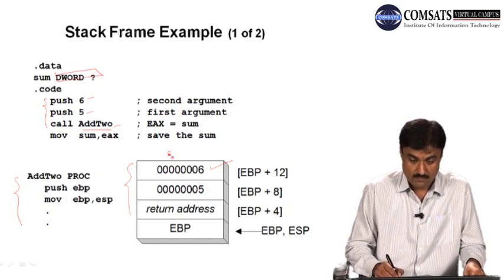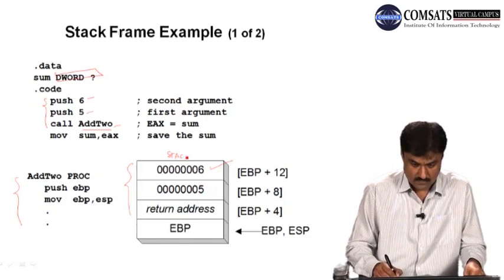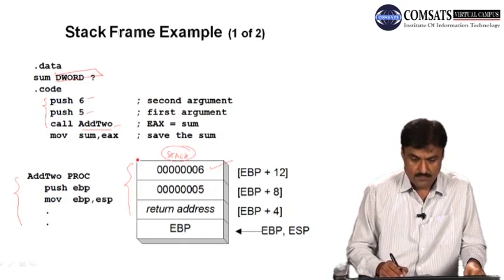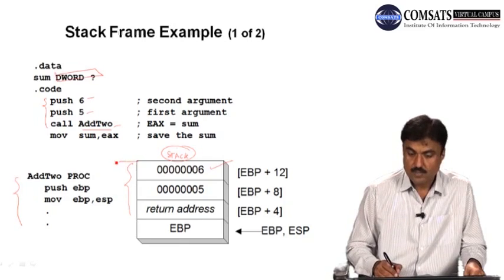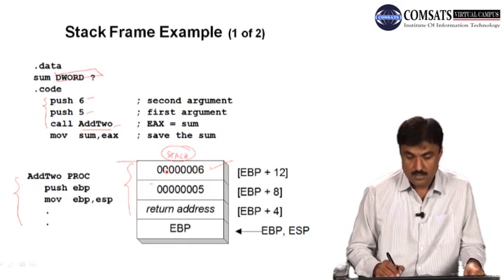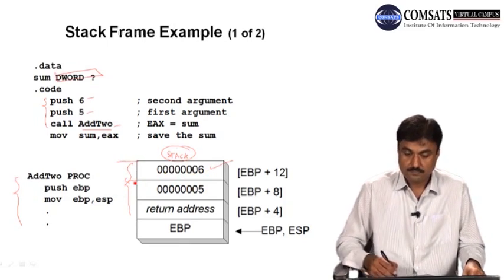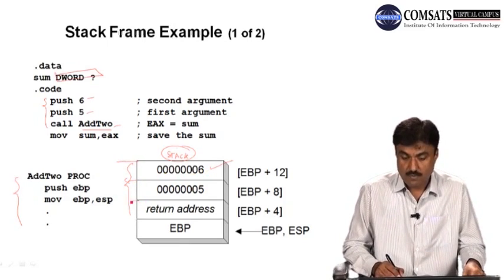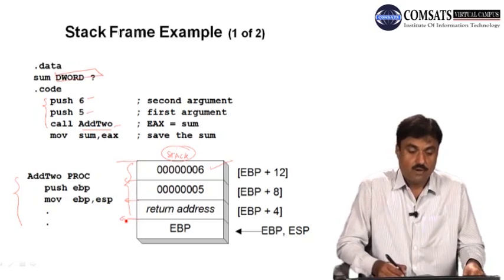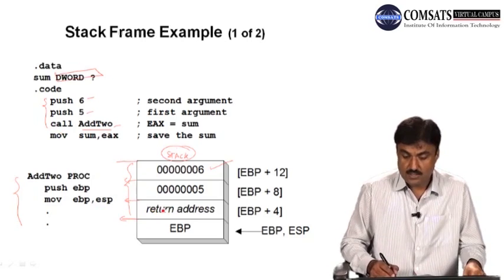So this is the stack area. Stack starts from here. When we push here, this value will be pushed, the stack pointer will be incremented and so on. Again we perform another push operation, and then when we call this procedure, the return address will be pushed here.